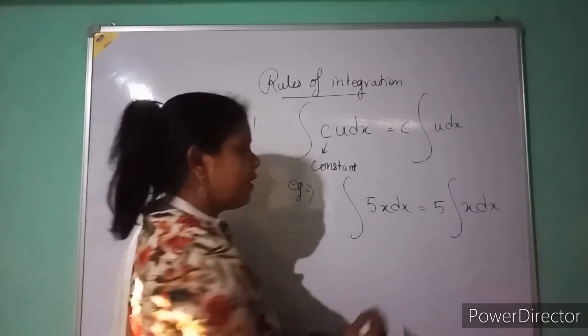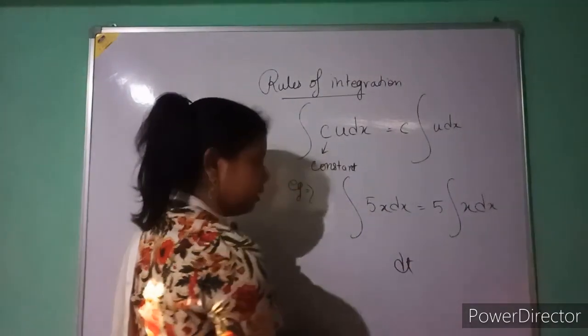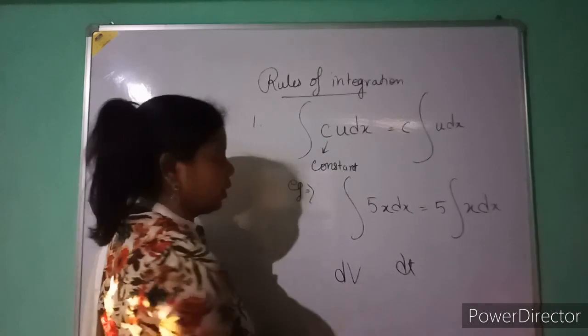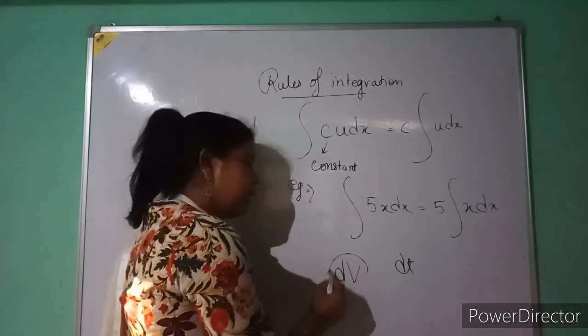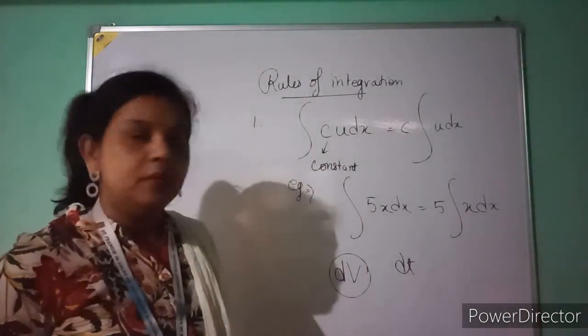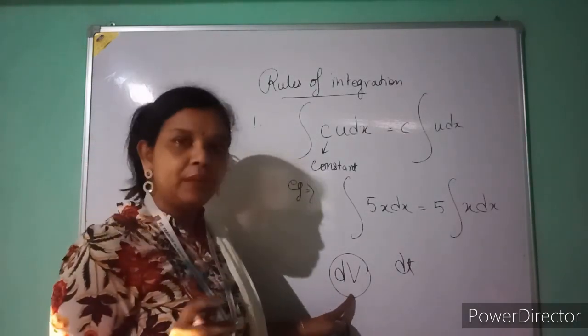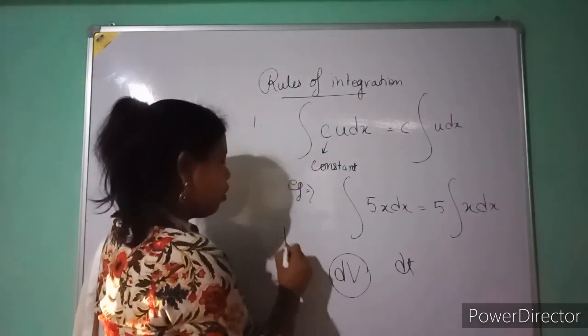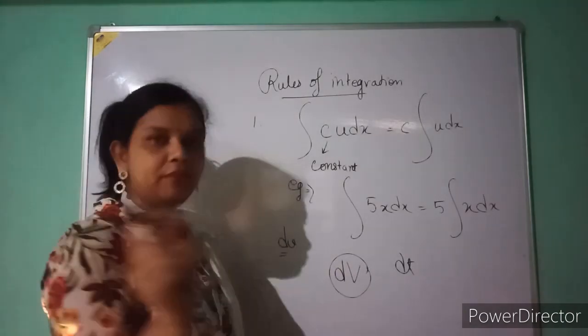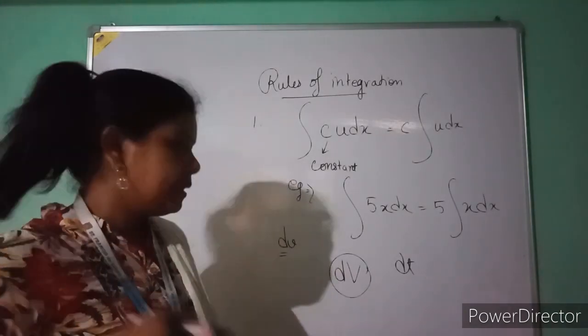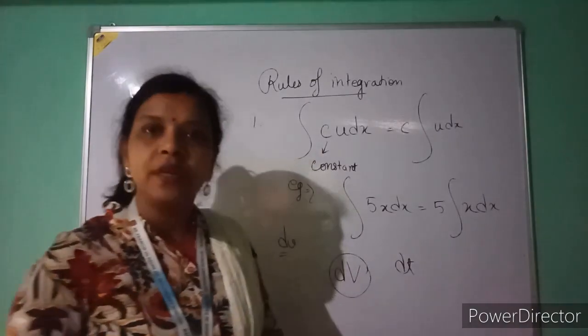If I want to write dt also, it is okay. If I want to write dv also, it is okay. You should remember that if I am writing dv, it is with respect to a small value of what? If it is capital V, potential difference. If it is small v, I will write a small value of velocity. Similarly, here it is a small value of time.